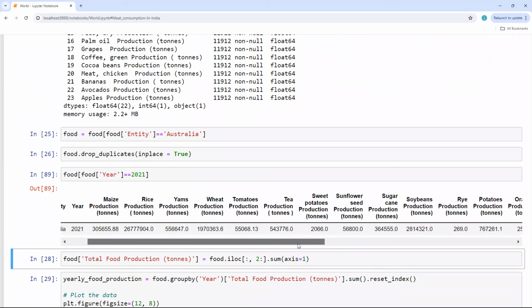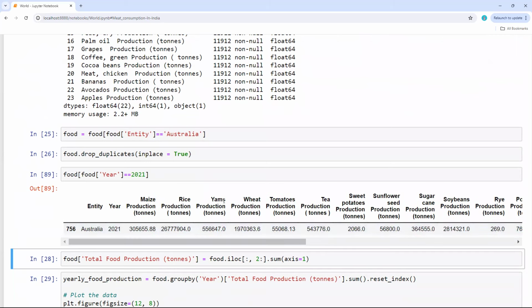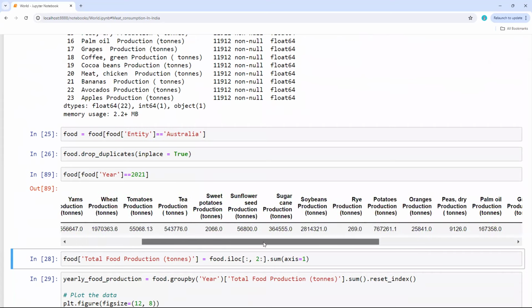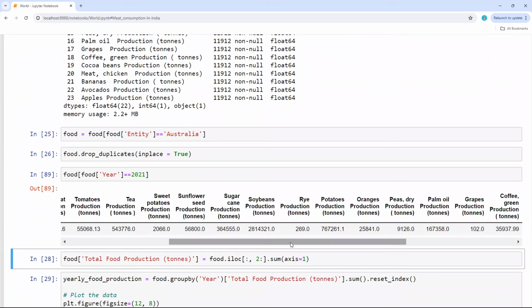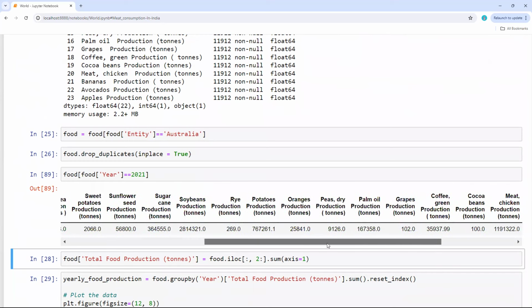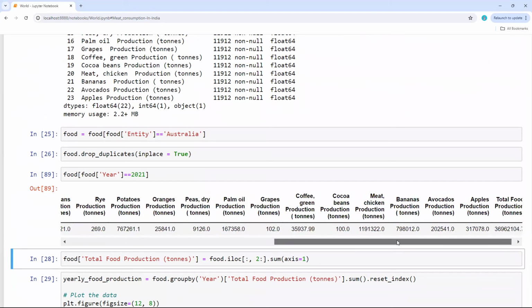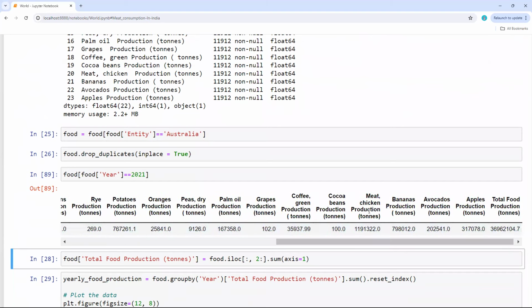And as you can see here, Australia is producing more rice and maize. And also if I look at the data for sugarcane production, soya beans, potatoes, palm oil production is around 1 lakh 67,000. And see, chicken meat production is very high.